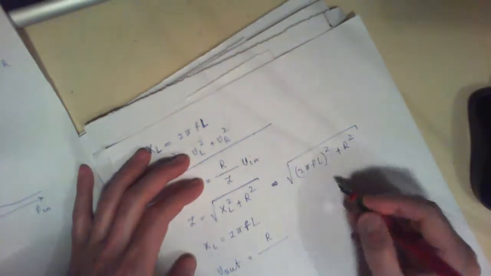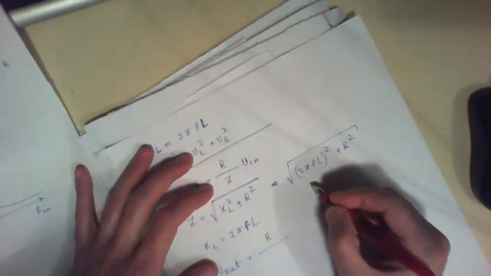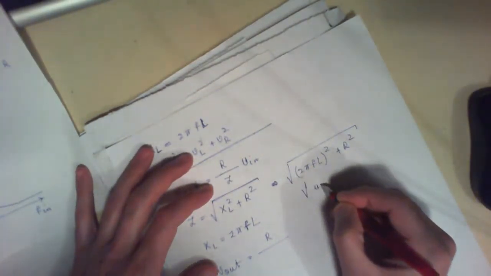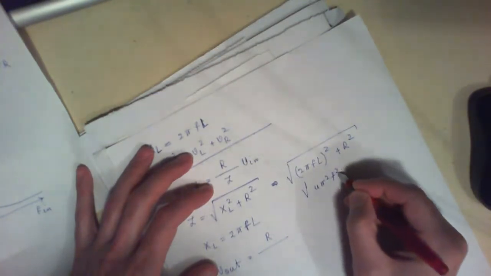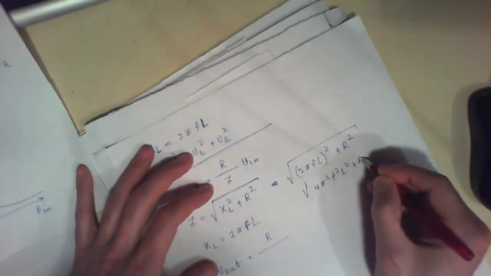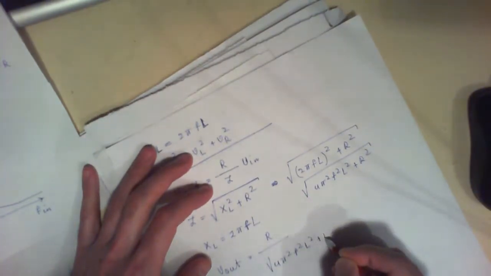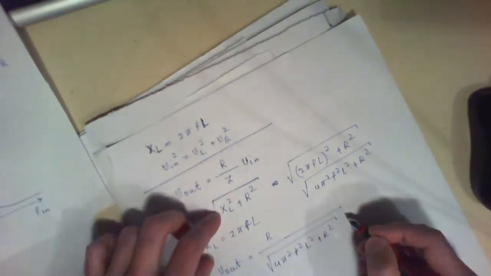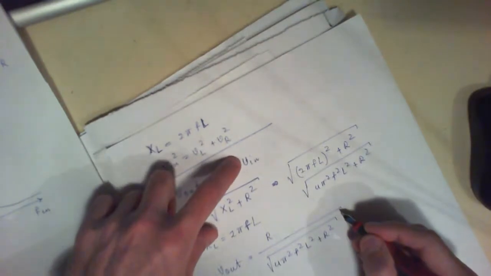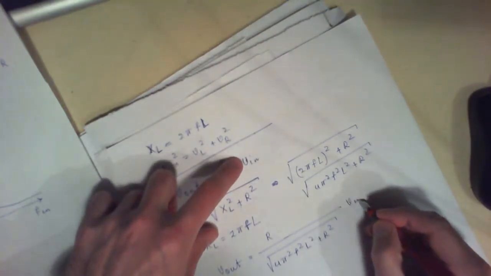I can write this as the square root of 4 pi squared f squared L squared plus R squared, and that you need to multiply by V in.